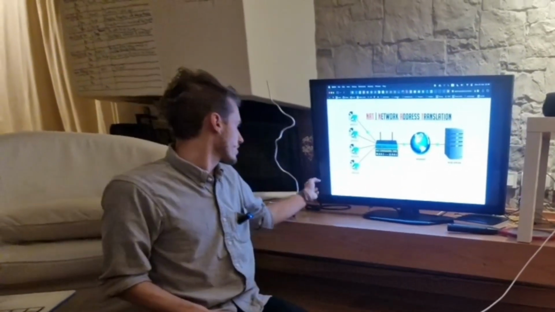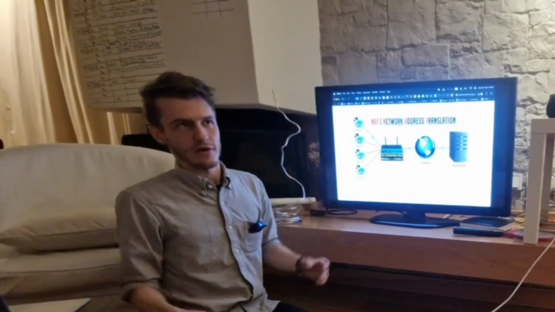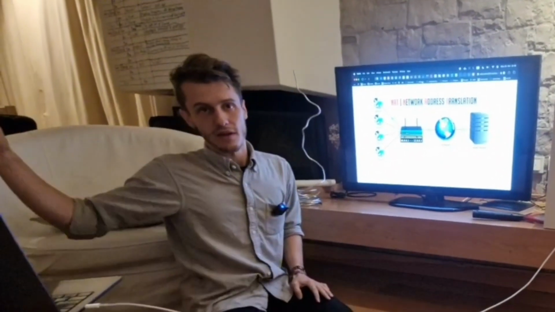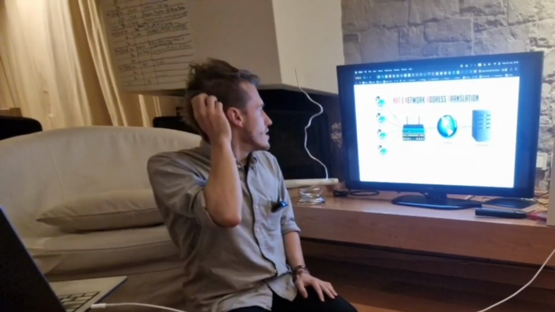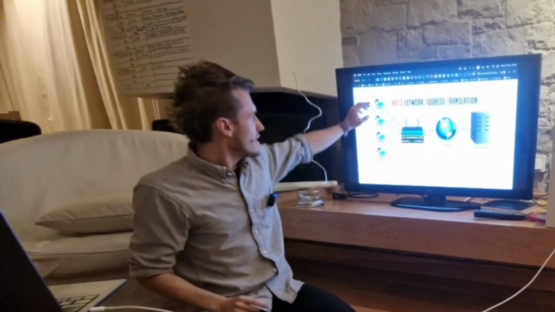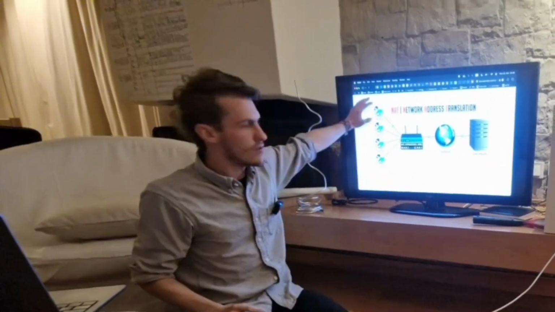So if I'm casting, I'm actually not sending it to this Chromecast thingy, I'm sending it to the router, and the router is sending it to the Chromecast, in this case over Wi-Fi. It could also be that I'm sending over cable and then the router via Wi-Fi to the Chromecast. It's all IP. And then we form one internal network.